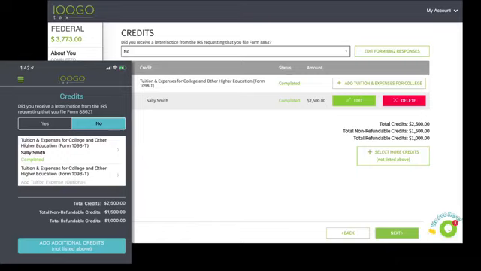I had to send my Mac in for repairs, so I may not be able to show you, but I'm showing you the screen where IOOGO Tax, whether you're doing it on the app or on your actual computer, you should be able to do this with no issues.